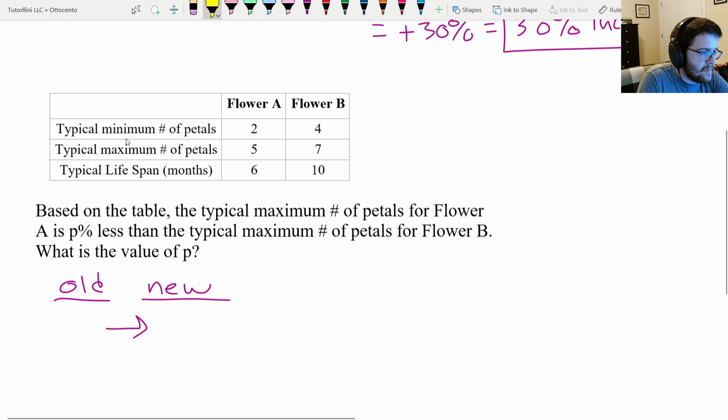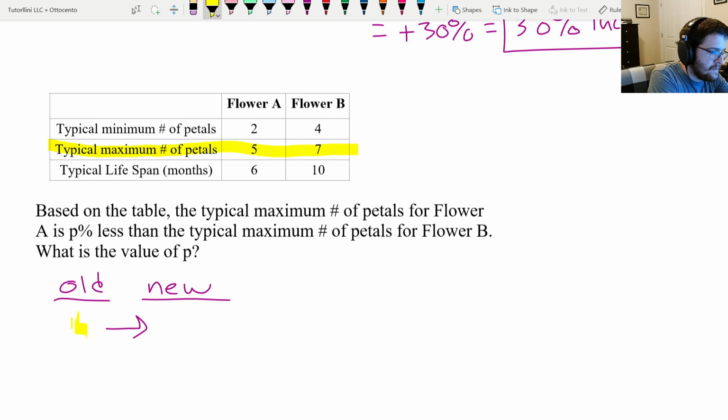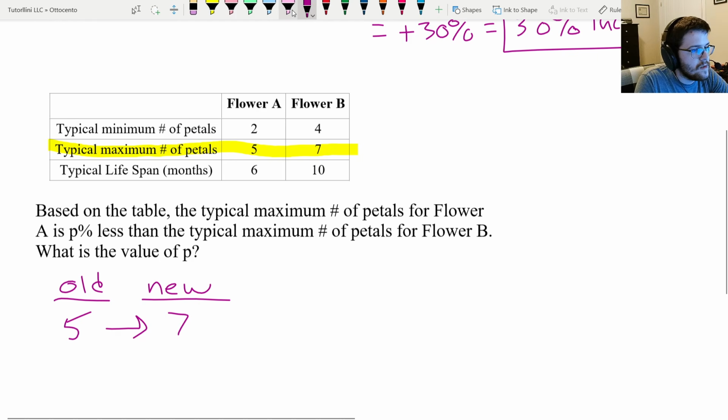So maximum number of petals, that's here. And for A, let's make the old flower A, which is 5, and the new flower B, which is 7. But there's a problem with what I just did.